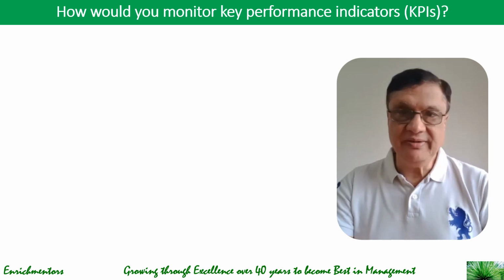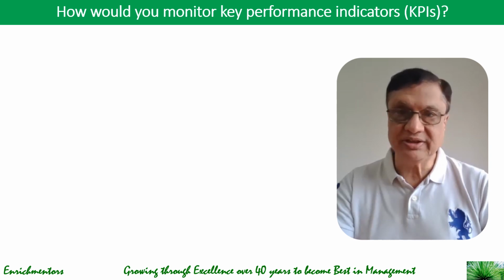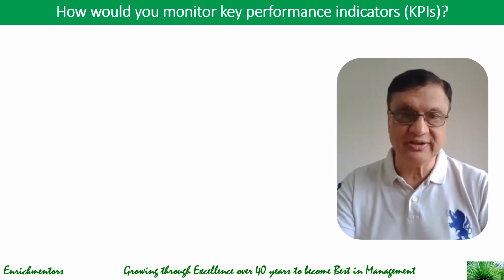Right. So again, performance monitoring is another important aspect of a product manager's role, and this is particularly important for assessing the success of your product and making data-driven decisions for improvement. Now, how do you do that? Let's take a look at the steps that you need to take in the remaining slides of this lecture.